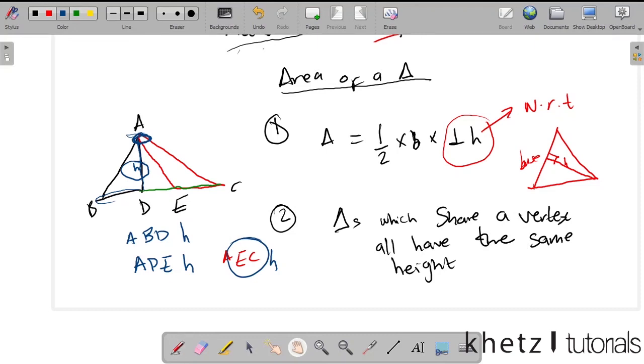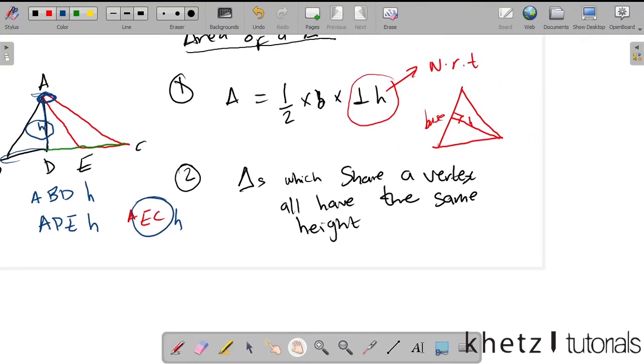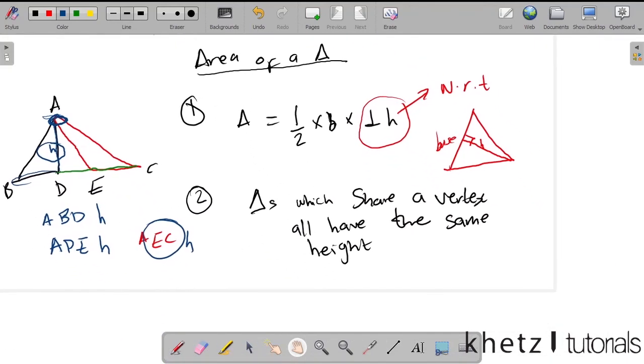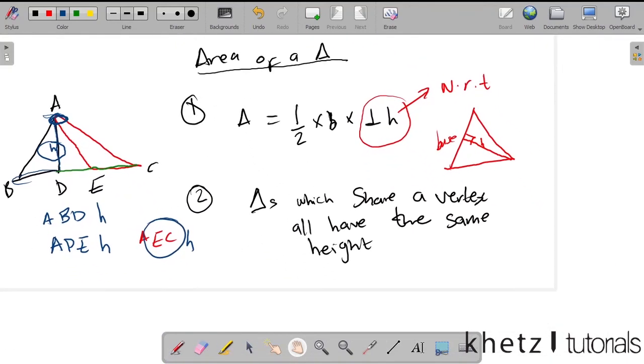And that was just to show you this second point, which says triangles which share a vertex all have the same height, right? We're now going to move to the third point, which is of importance to us, or the third point which you have to know.